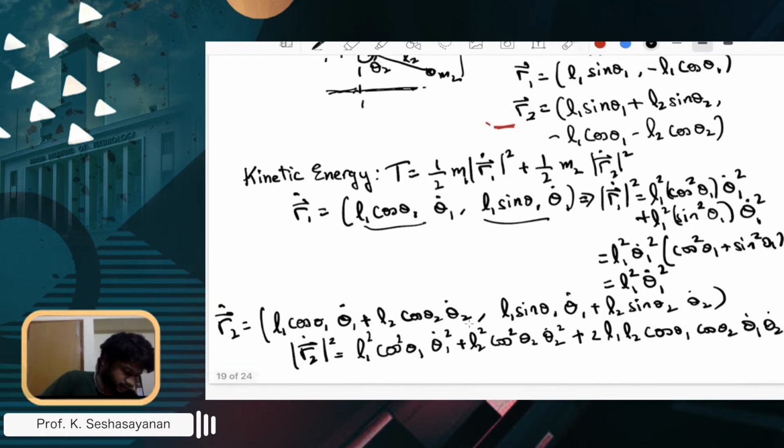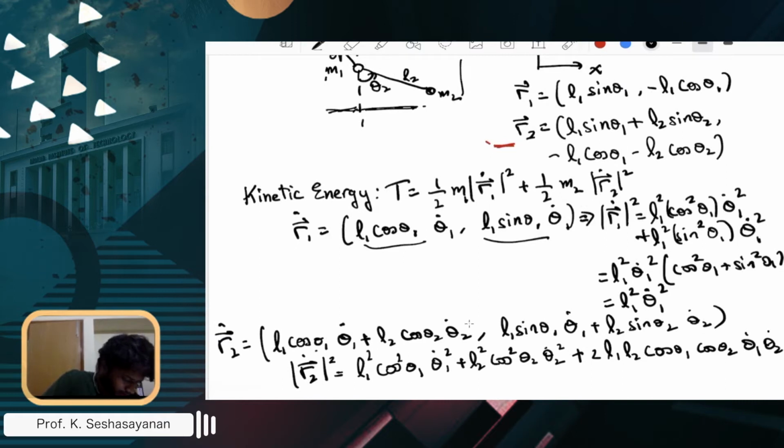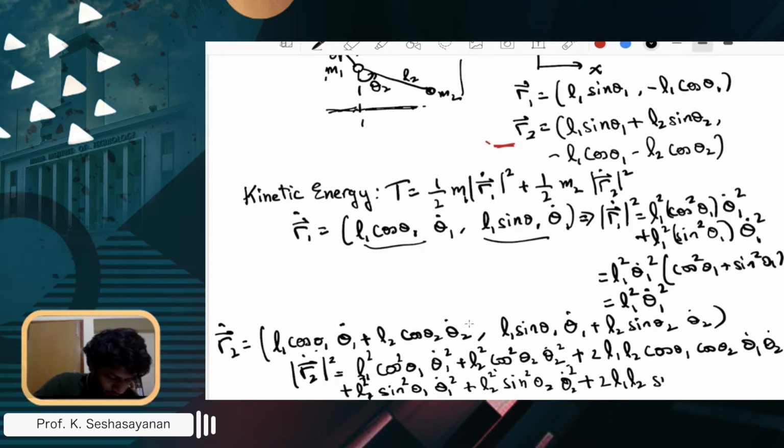So this is the first component square, and then you get L1 square sin square theta 1 theta 1 dot square plus L2 square sin square theta 2 theta 2 dot square plus 2 L1 L2 sin theta 1 sin theta 2 times theta 1 dot theta 2 dot.